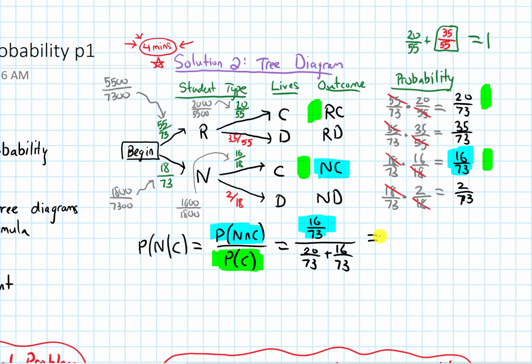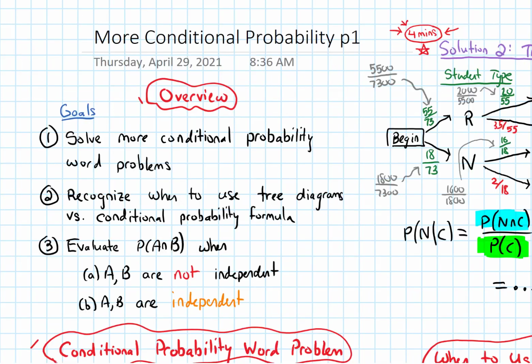This gives us 16 over 73 on top, over 36 over 73 on the bottom. And now if we do something really similar to what we did in solution 1 by multiplying by the reciprocal and simplifying, we will get the same answer, 4/9.